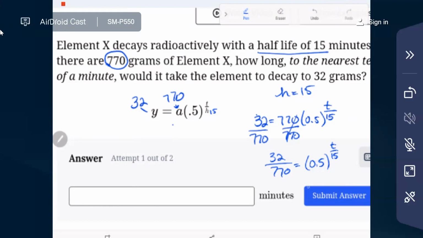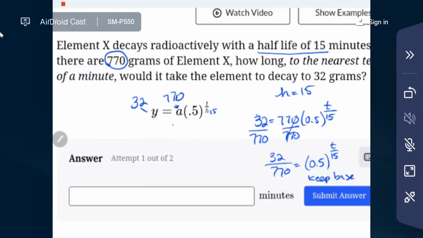All right, and so now I'm going to keep the base. So keep the base and switch. I run out of space here, so I'm going to write that over here. So we're going to have t over 15 equals log base 0.5 of 32 over 770.